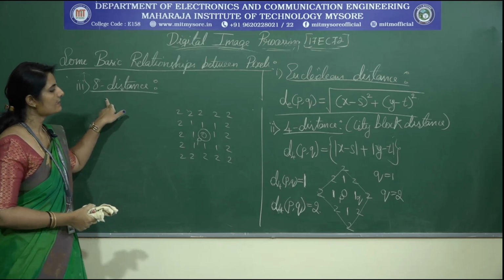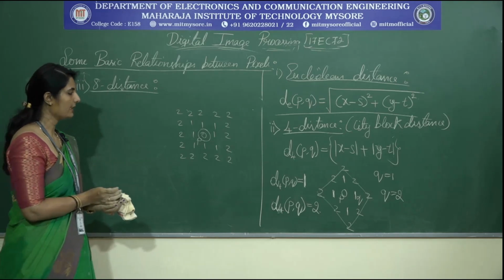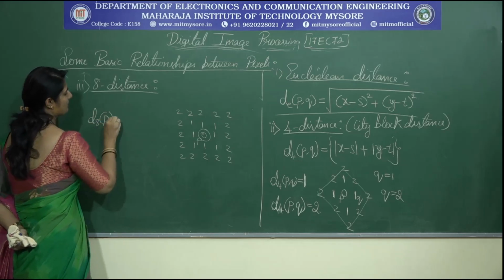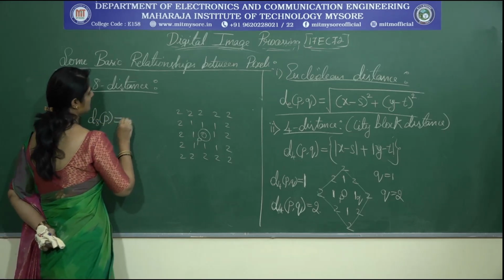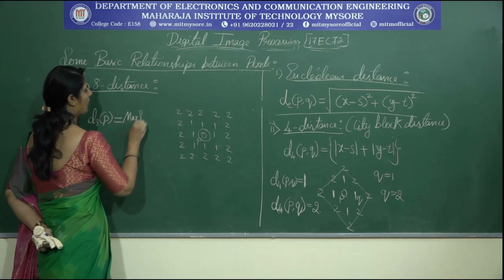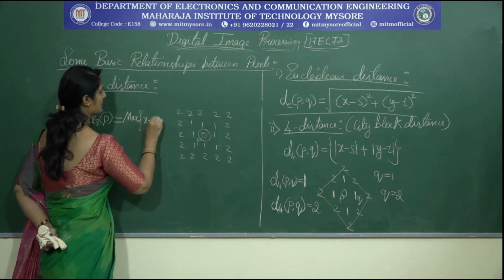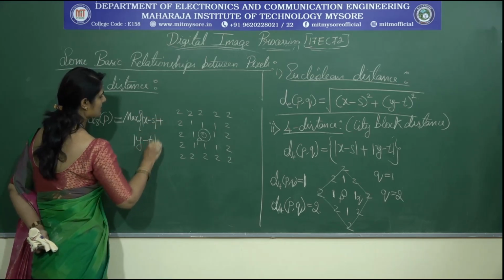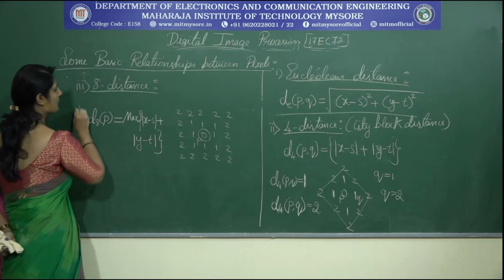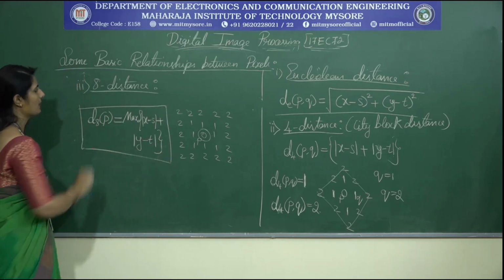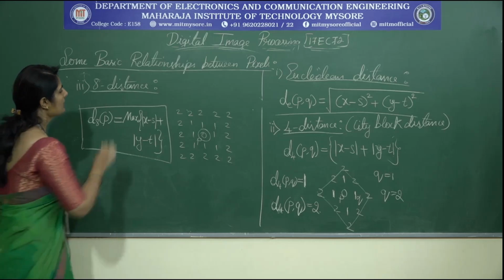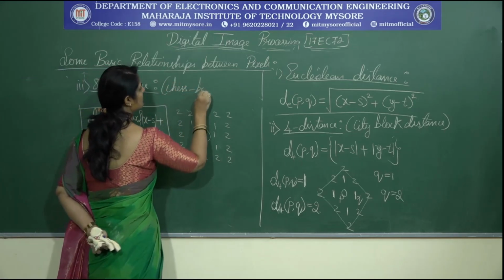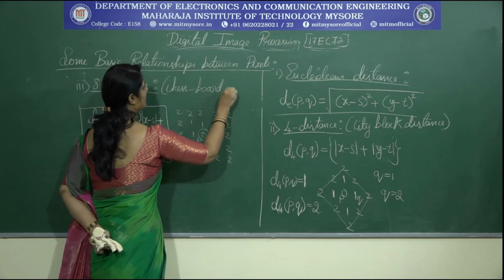This D8 distance of P can be calculated with the formula D8 of P comma Q, which is equal to the maximum of the magnitude of x minus s and the magnitude of y minus t. So this is the formula which is used to find the D8 distance of P. This is also called the chessboard measure, chessboard distance.